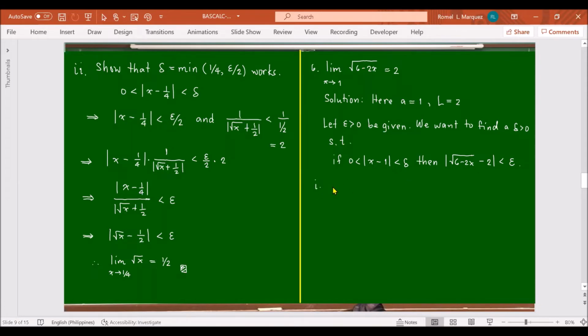So to prove this, first we need to find an appropriate delta.